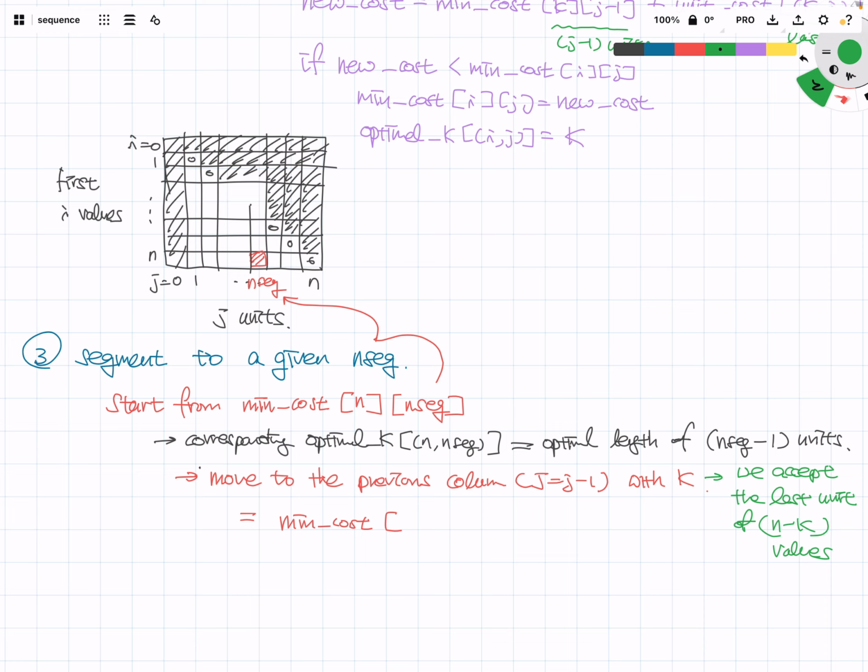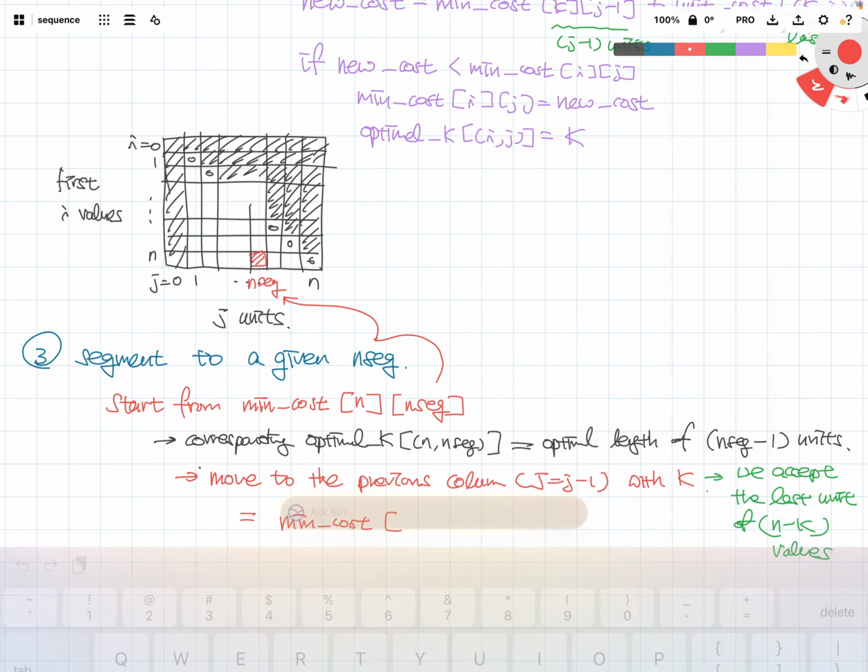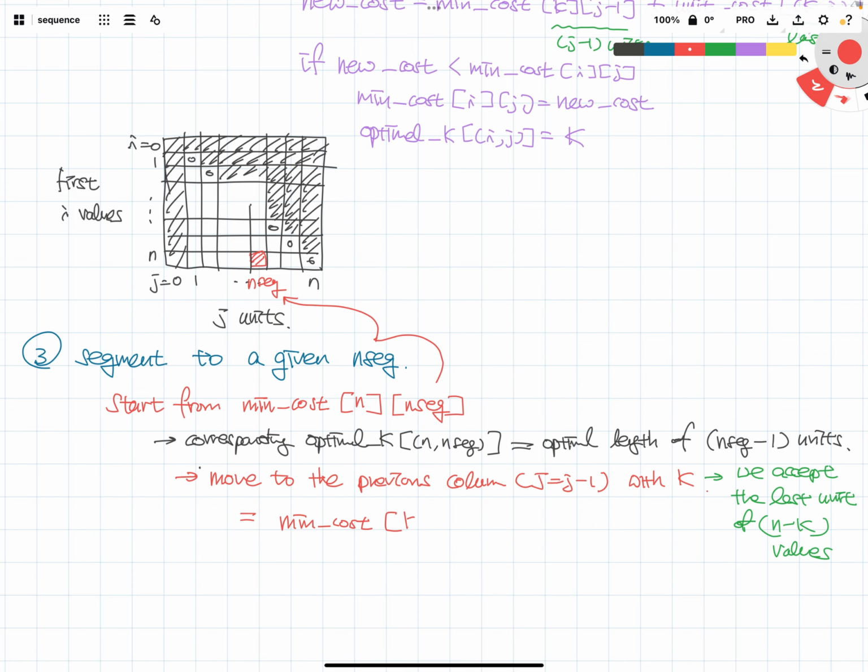And then we will segment the other part, the earlier parts, into j minus 1 or n segment minus 1 units. So we move on to minimum segment cost k and n segment minus 1. So we have to segment the first k values into n segment minus 1 units.